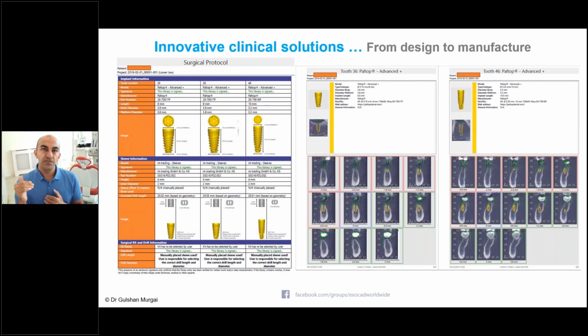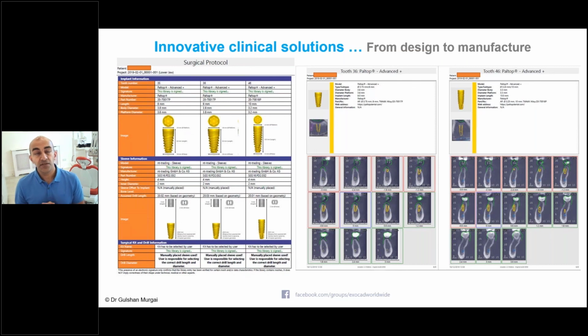So it's giving you a protocol so you know what to order for that particular patient in terms of diameter and length of implant. Also, you can see in the bottom half of that PDF, you can see the positioning of the sleeve relative to the implant, and you will then know what is the pilot drill that you would need to use for that particular case for safe drilling.